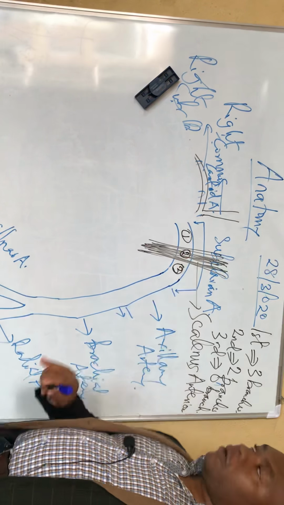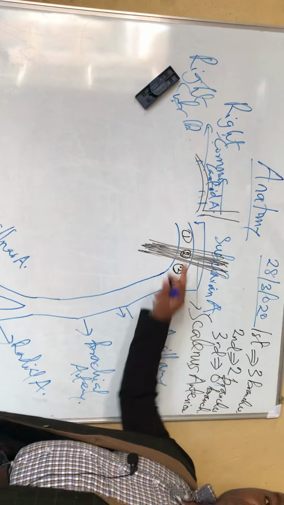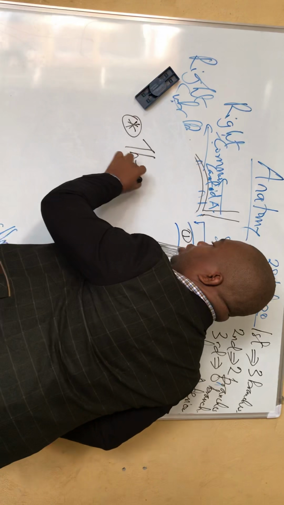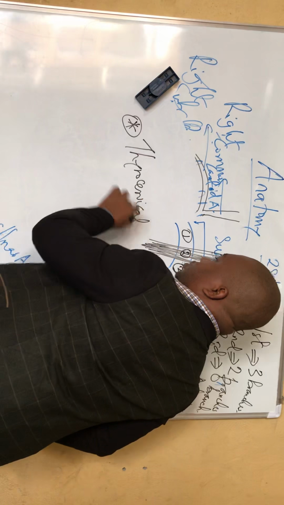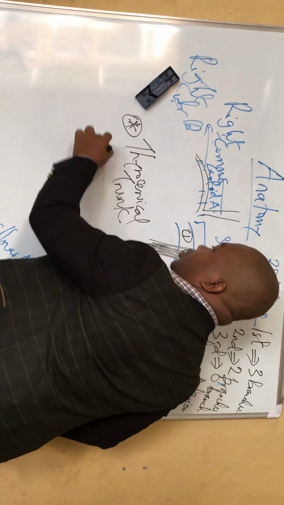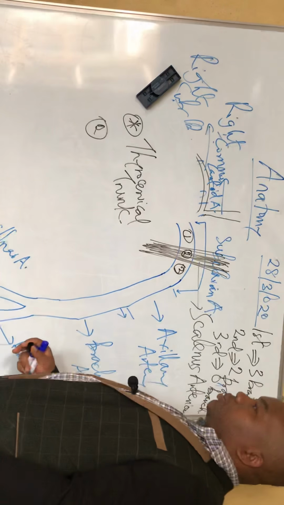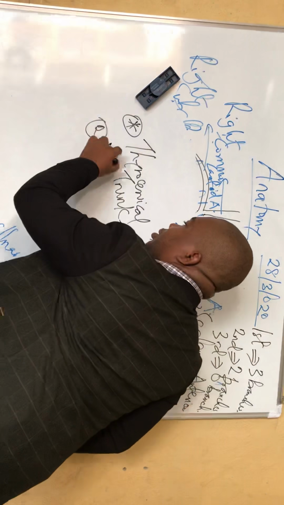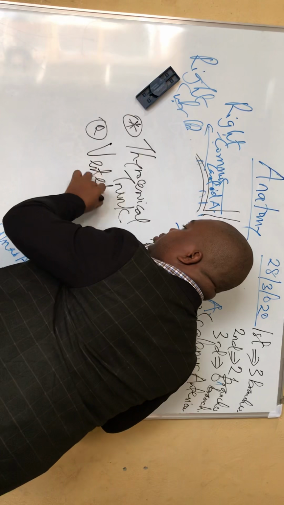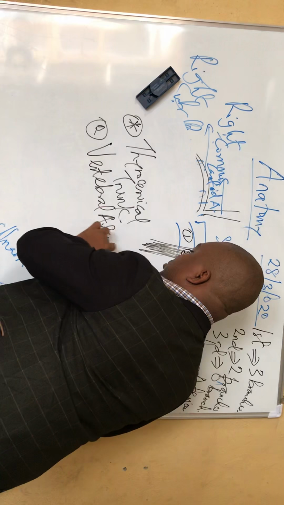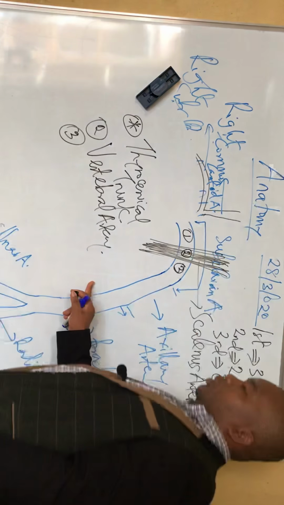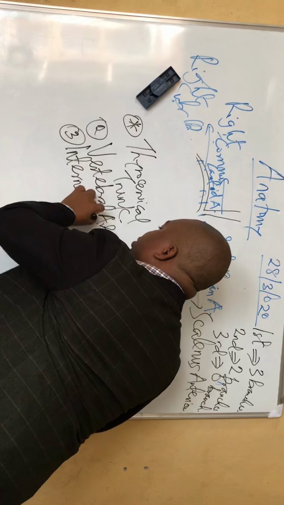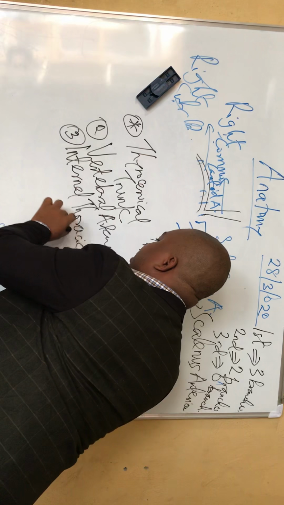For the first part, the 3 branches are: one, the thyrocervical trunk; two, the vertebral artery; and three, the internal thoracic artery.